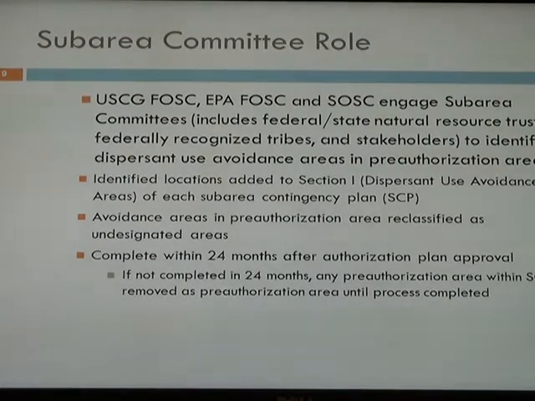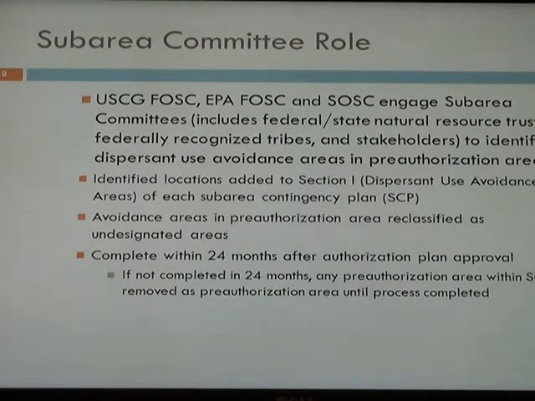So this plan requires us to be here today, to come and speak with you. So the Coast Guard Federal On-Scene Coordinator, the EPA On-Scene Coordinator, and the State On-Scene Coordinator are to engage federal, state, and natural resource trustees, federally recognized tribes and stakeholders to identify dispersant use avoidance areas.